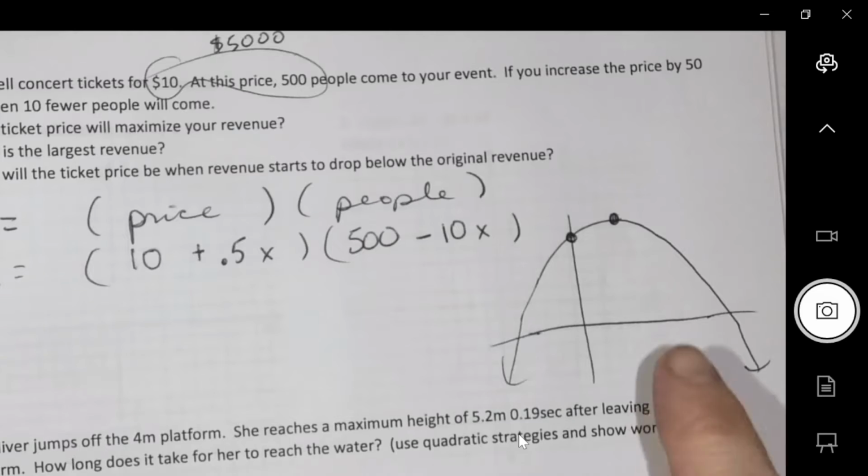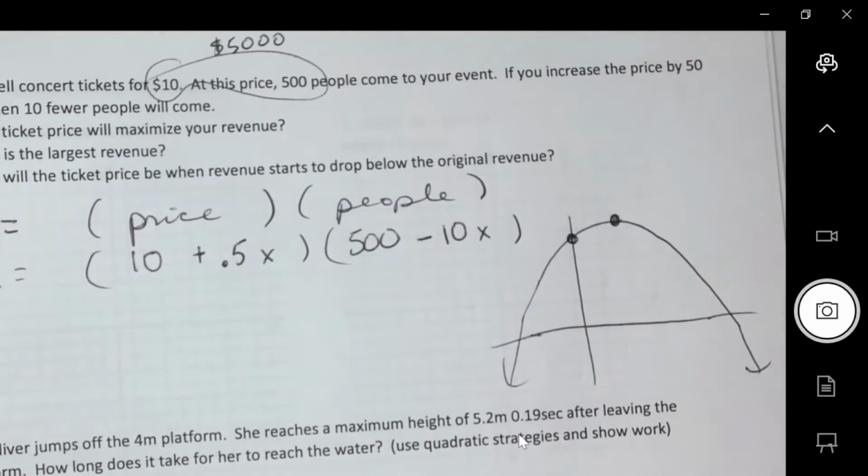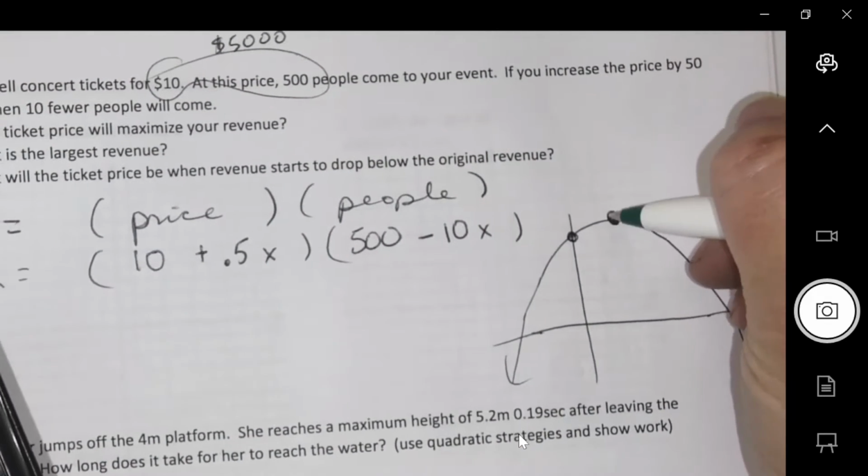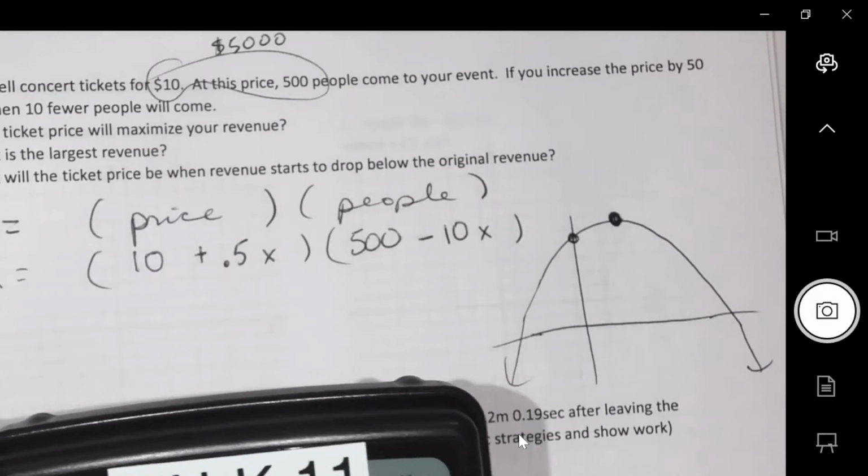Okay, so first talks about the max. Can we get this vertex on the top, please? So calculate the max.